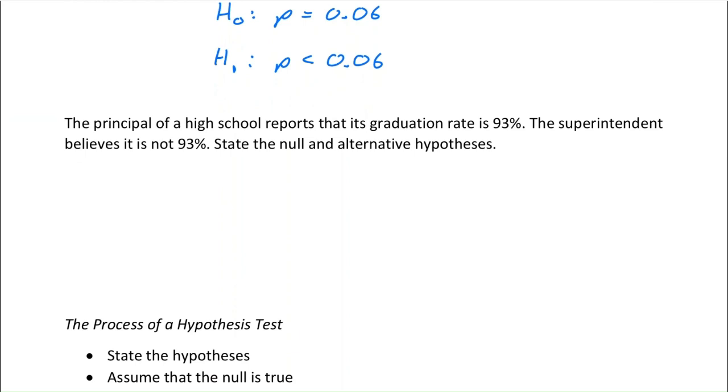So when we write our hypotheses here, our initial is that it's 93%, 0.93. The alternative then is just simply that the actual proportion is something other than 0.93. So we don't want to read into this too much and say less than or something like that. It just simply says he believes it's not 93%, which is basically saying that it's something other than. It might be less than, might be greater than. So that's how we write hypotheses.